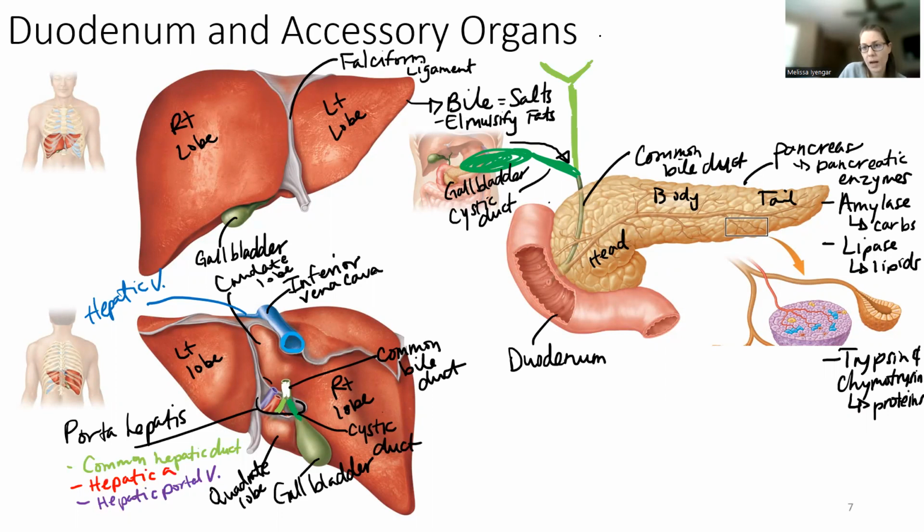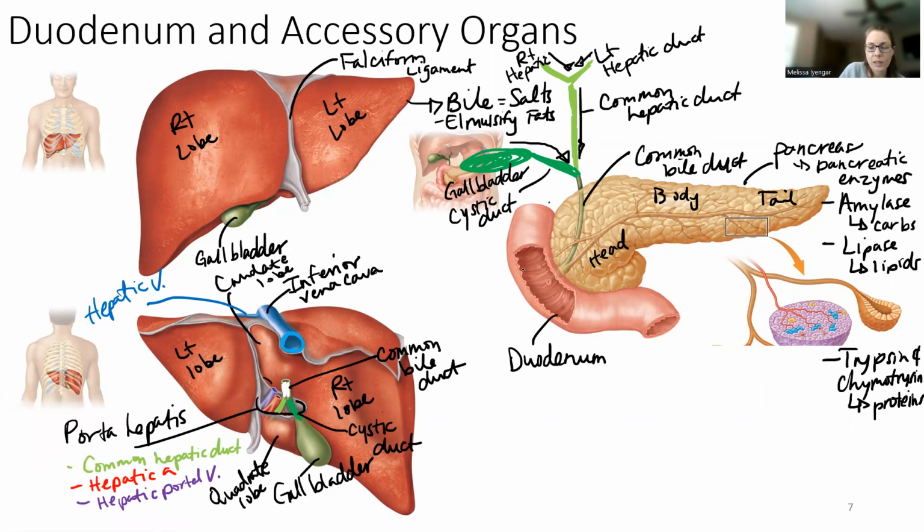When the liver makes bile, it's fresh bile, and it goes from the right hepatic duct and the left hepatic duct this way. Down that direction, this is the common hepatic duct, into the common bile duct there.